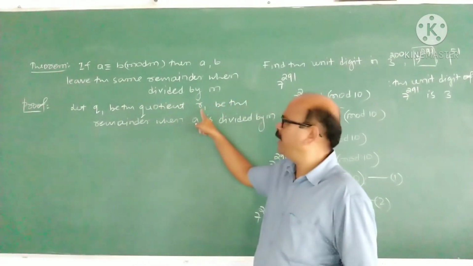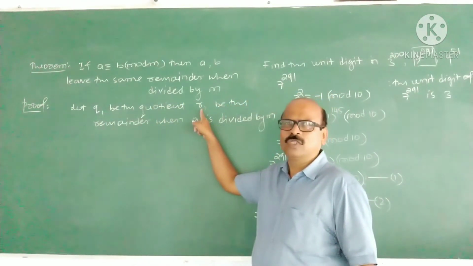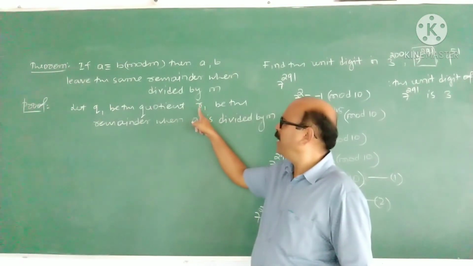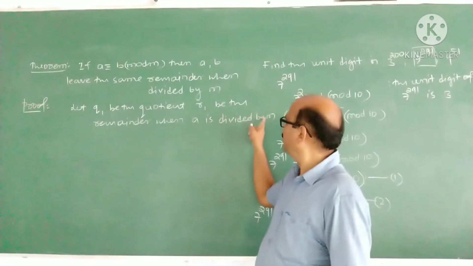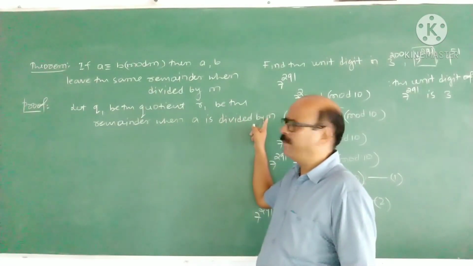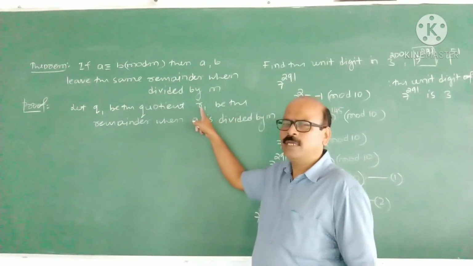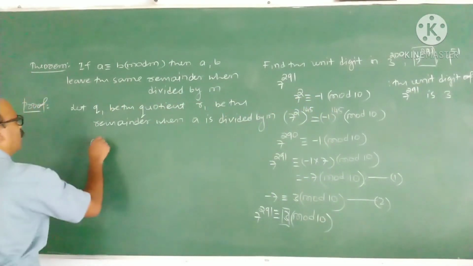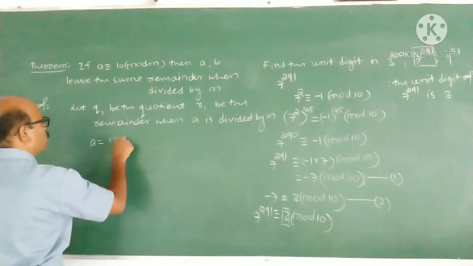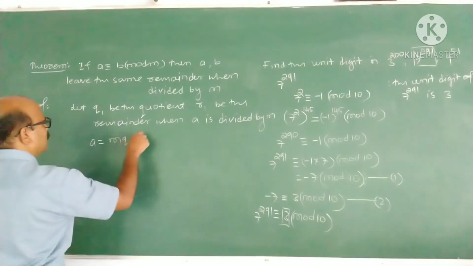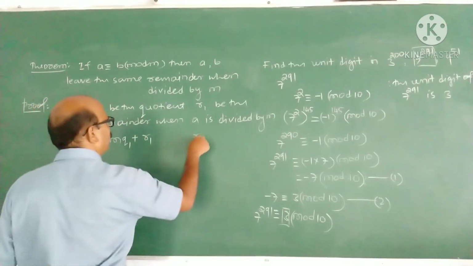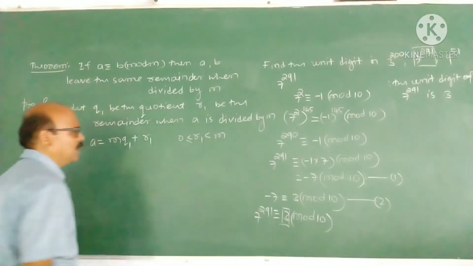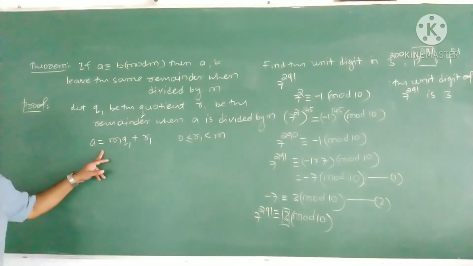Q1. What is the remainder? R1. We strictly use the division algorithm here. That means the remainder R1 must be less than the divisor M, and it must be non-negative. Therefore, A is equal to M into Q1 plus R1, where R1 is greater than or equal to 0 and less than M. By the division algorithm, we write like this.